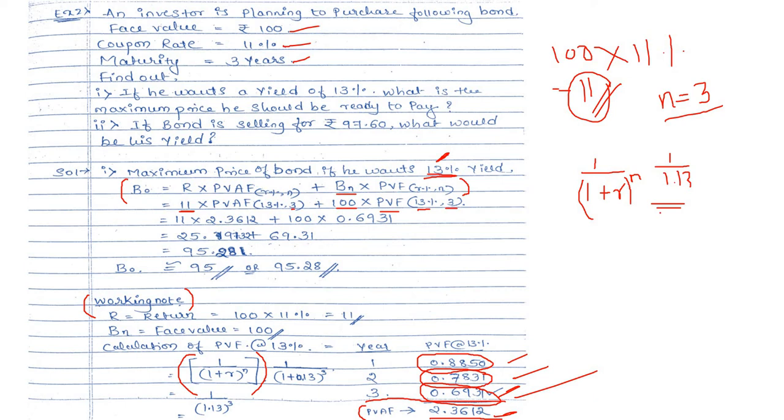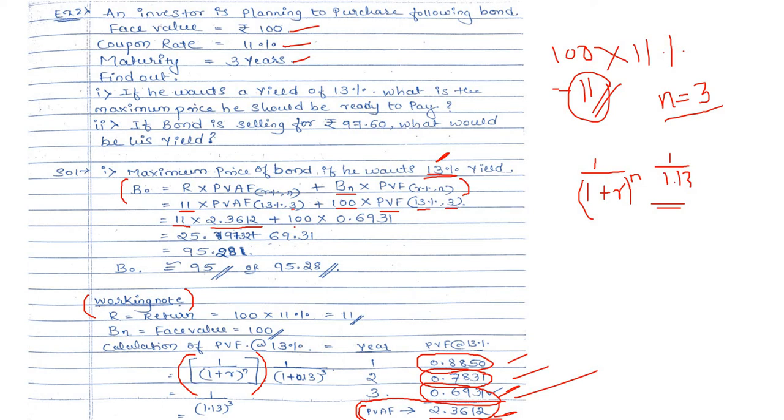Now we'll simplify first. 11 we already calculated, that is as it is, into PVAF. Just now we calculated the total of PVF values itself is the PVAF, 2.3612.